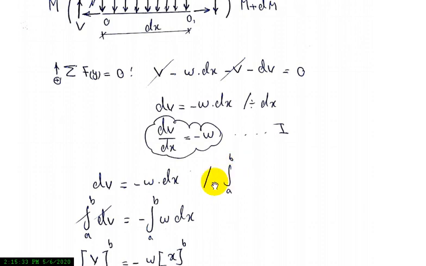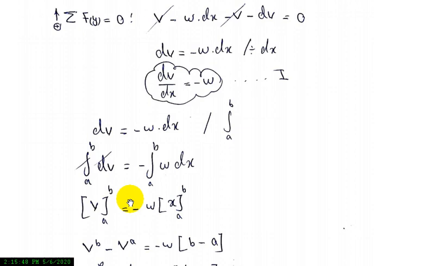We take the definite integral of both sides of the equation, so the integral from a to b of dV equals minus the integral from a to b of w multiplied by dx. As you know, in the theory of differentiation and integration, integral and differential remove each other, so this part remains V from a to b, and this side is minus w multiplied by the integral of dx, which changes to x from a to b.